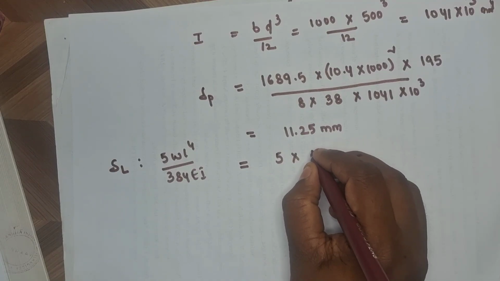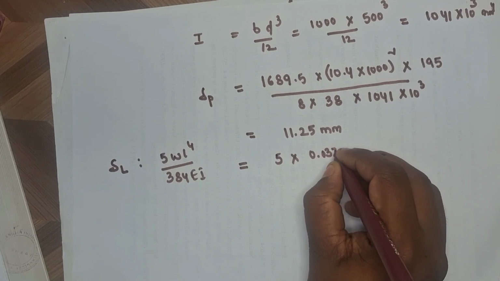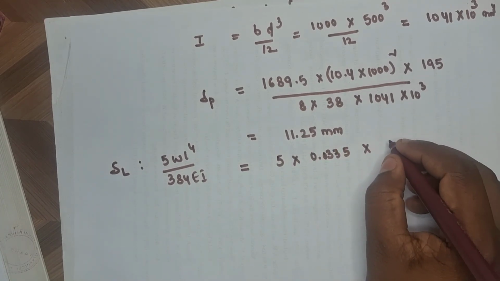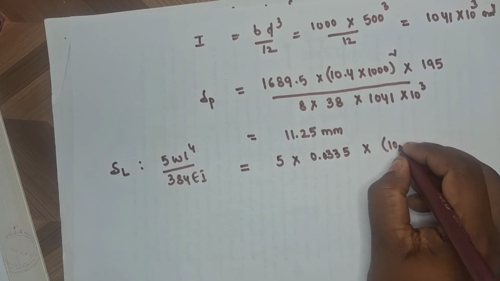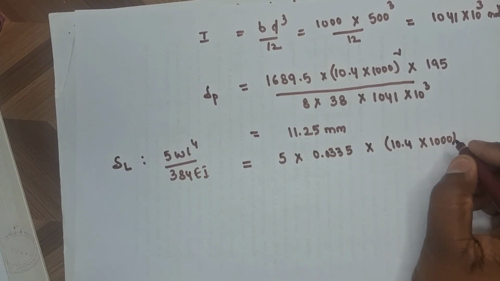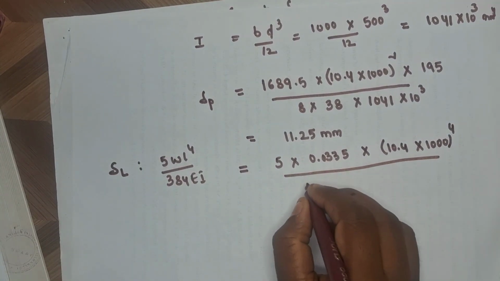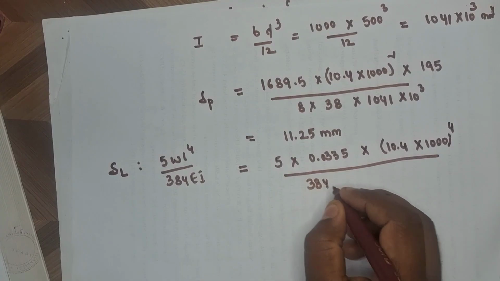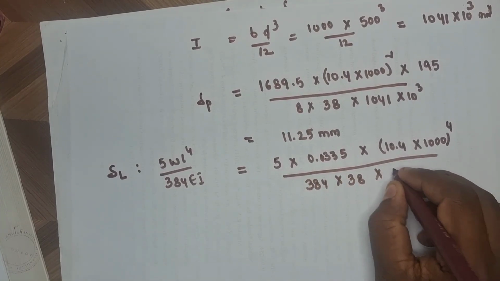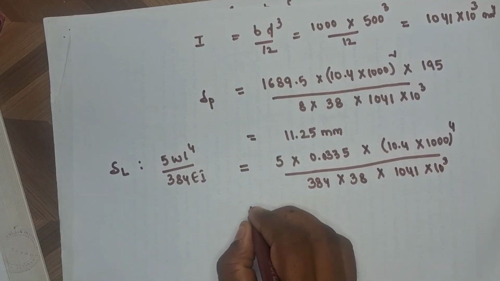Now I am converting it into mm, 0.0335 kilonewton per mm, multiplied by the span, 10.4 meters converted to mm, to the power of 4, divided by 384 times 38 times 1041 times 10 cube.